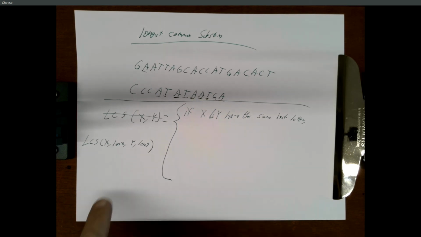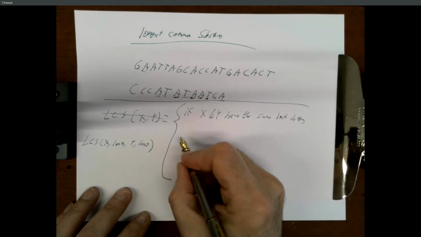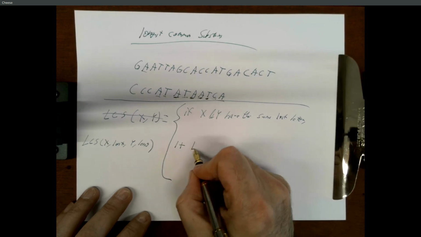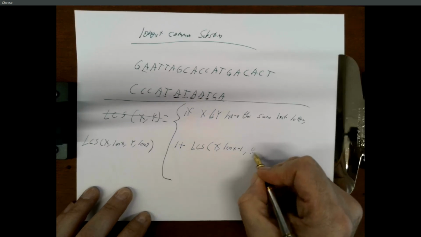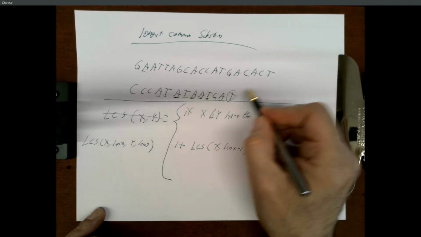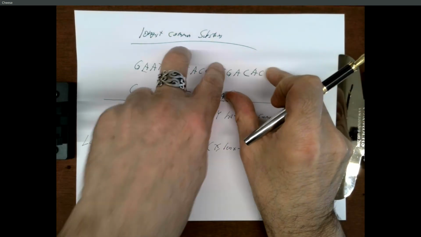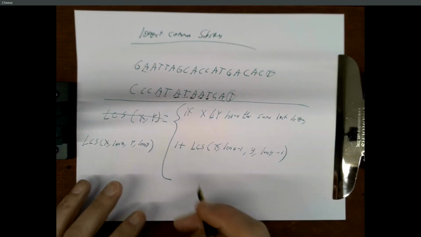So longest common subsequence of X with a length of X and Y with a length of Y. Okay, if X and Y have the same last character, then those characters are in common. So the longest possible subsequence would be 1 plus longest common subsequence of X, length X minus 1, and Y, length Y minus 1. In other words, if they both end with a T, ignore those, find the longest subsequence in common here, and then add 1, because they also both have a T at the end.